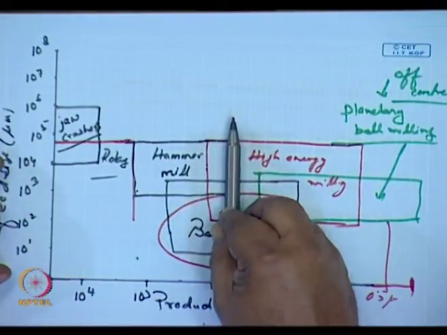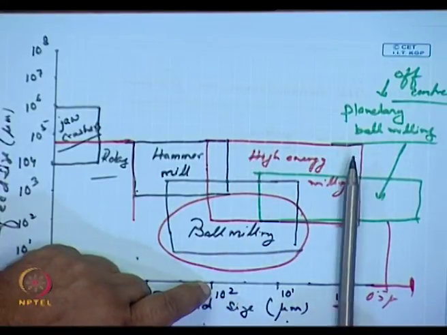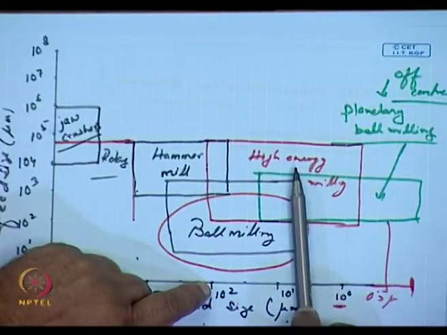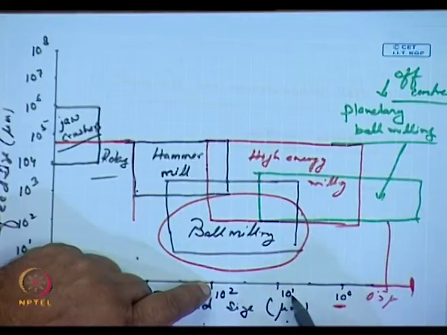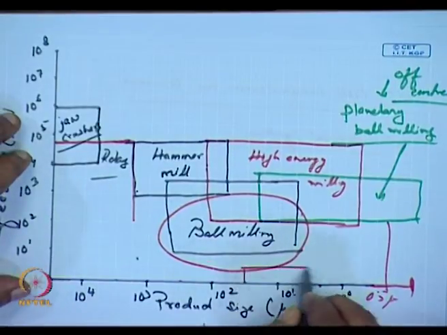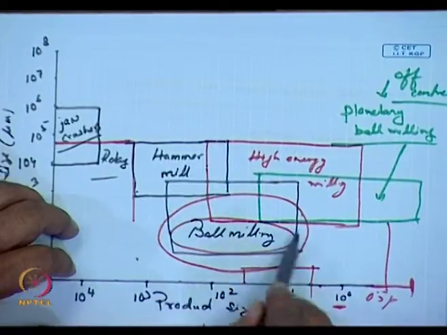You see, hammer mill will reduce the particle size down to 10 to the power of 2 into 10 to the power of minus 4 meters. Ball milling reduces it down much more usable. This is 10 micrometers to about 2 micrometers it can go down to. Most of the ceramic powders which are used are in this range. And hence, the ultimate step of most ceramic fabrication processes involves some sort of ball milling.